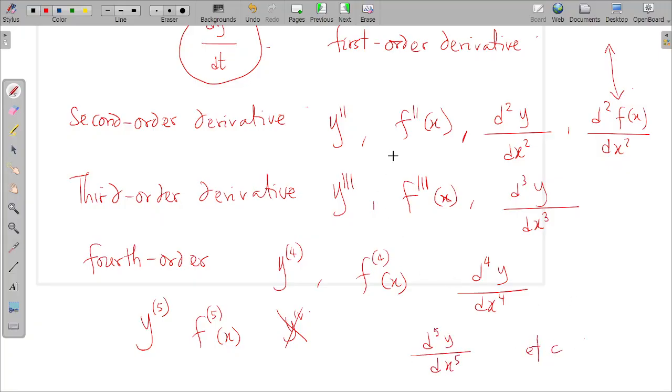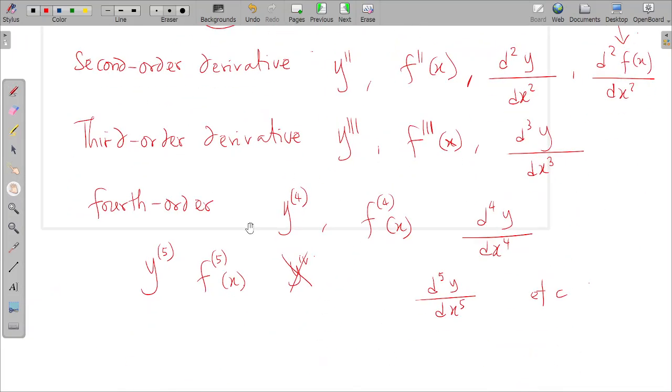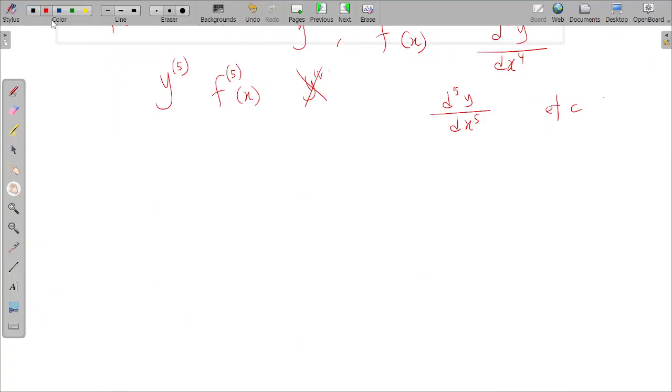Please take note of that. So all we need to do here is just to derive again. The derivative of the first one, you derive it again, making the second order derivative. The second one you derive again, making the third order, like that.